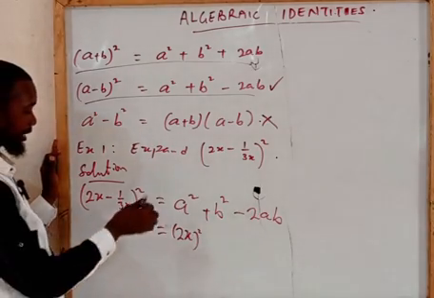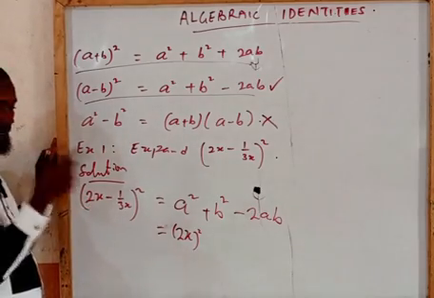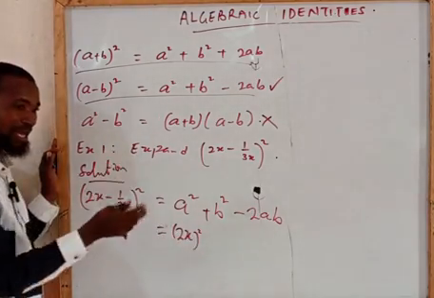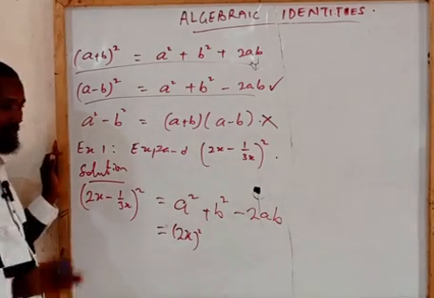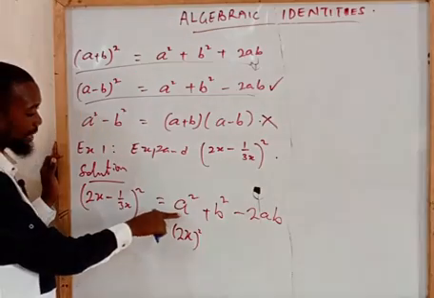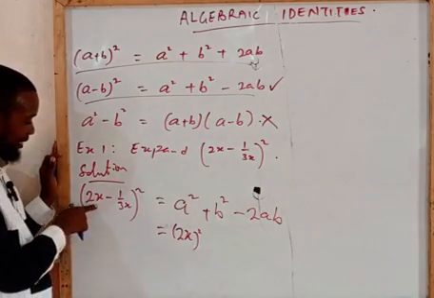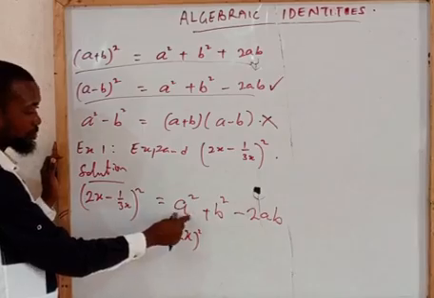But if what serves as the first item is just a single letter or a single number, introducing a bracket is optional. If we want, we can introduce it; we may also not introduce a bracket in that case. In short, what I need is my first item squared. So the first item in this bracket squared. I have done that to follow what we have here.